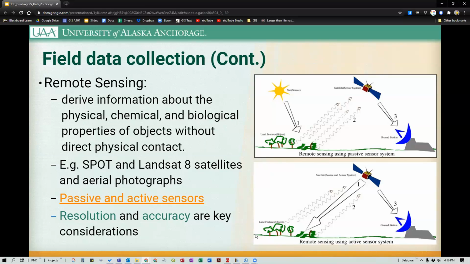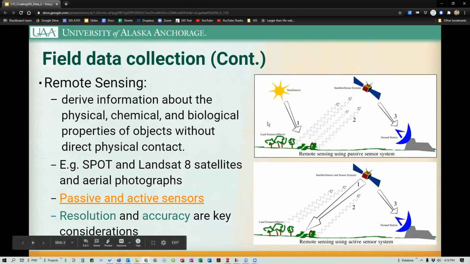So that is a form of field data collection, and there's a lot of different types of information that we can collect depending on the types of sensors that are built into these satellites. Some of them are passive systems, so they're just using information from the Earth. So like the first example here, a remote system sensing with passive information reflected from the sun's rays.